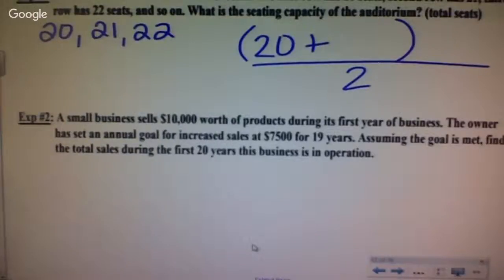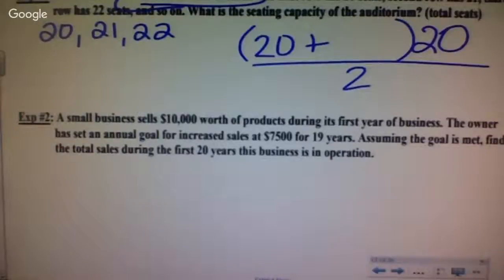This is my first number. I don't know my last number, but I do know how many rows I have. I have 20 rows. Wait, so you don't have to add 1? No, not when they tell you how many rows you have. So it'd be 19.